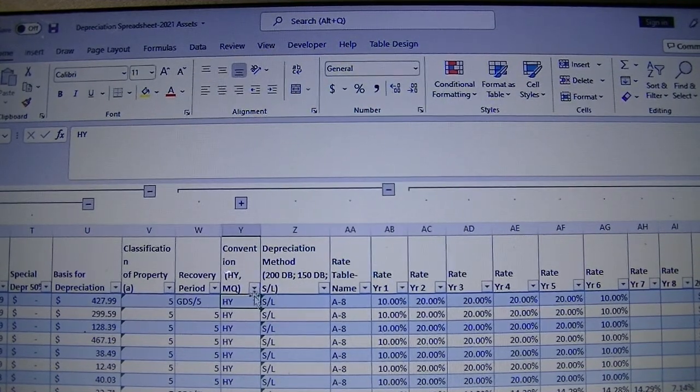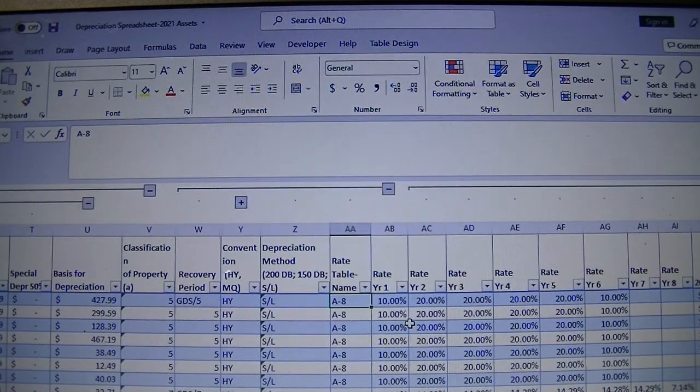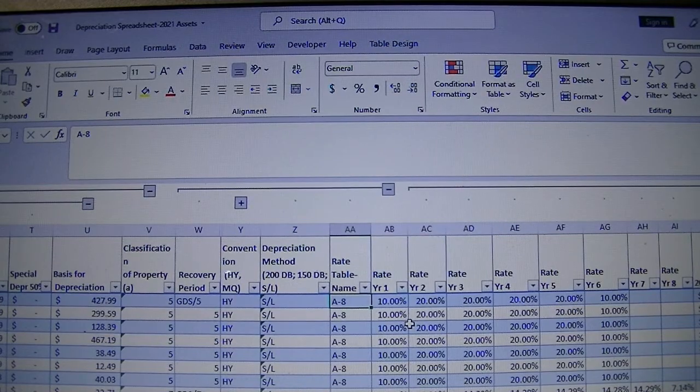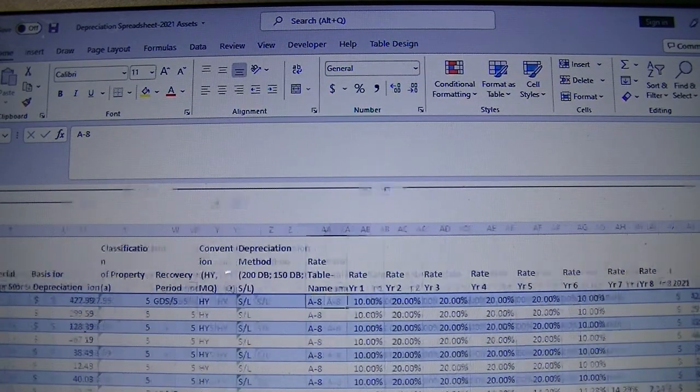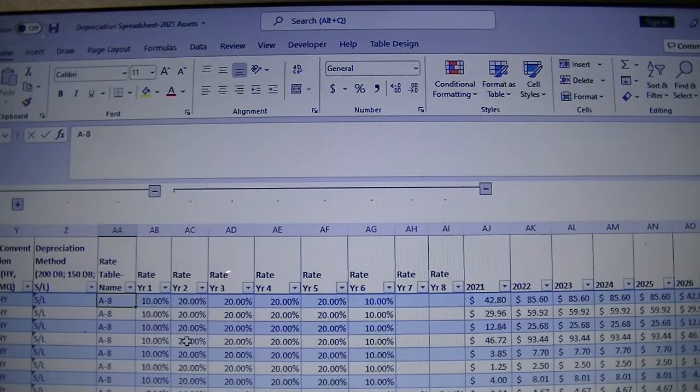The convention method is just going to be a duplicate from left to right, and the depreciation method, we chose straight line, and we have table A8. So I will put it down here, and then I will copy the rates from the rate table A8 to the spreadsheet. You'll notice that it went all the way to year 6.